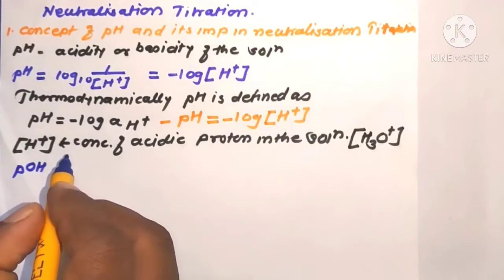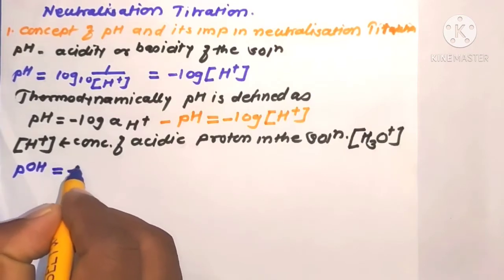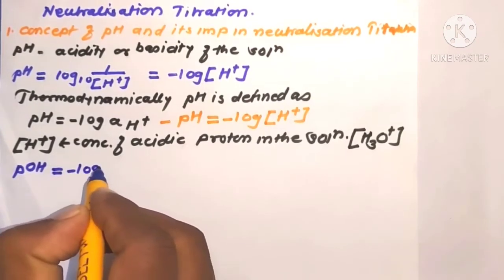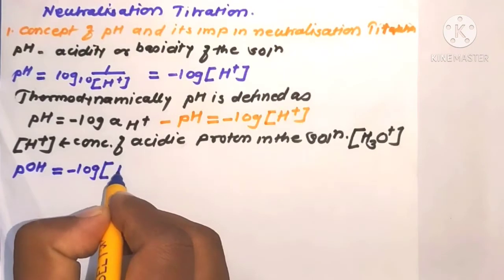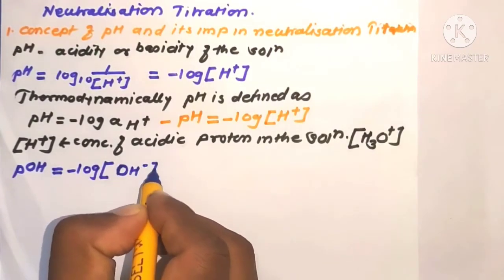Similarly to pH, we can also define the pOH scale, where pOH is equal to minus log of concentration of OH minus ion.